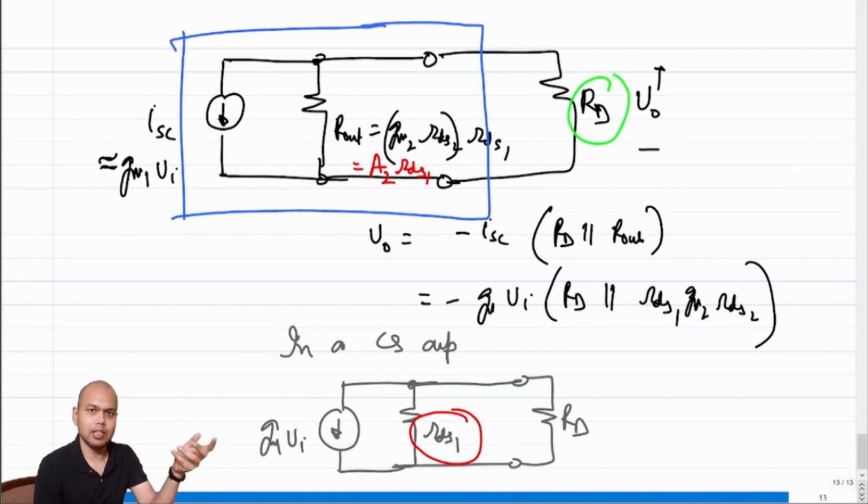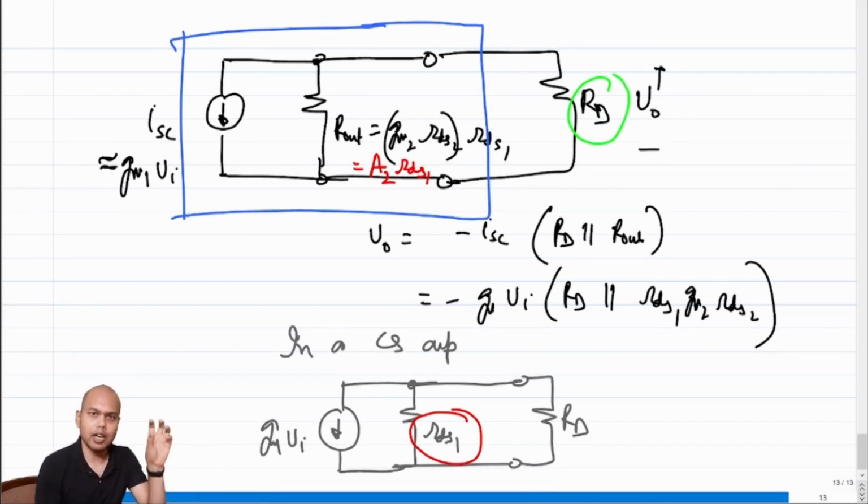We treated it as an ideal voltage controlled current source, but it has some finite output impedance, rds1. When used as a common source amplifier, the entire incremental current gm1 times Vi will not flow into the output load; there will be a current division between the internal impedance rds1 and the output load, which drops the gain. So what is the solution?